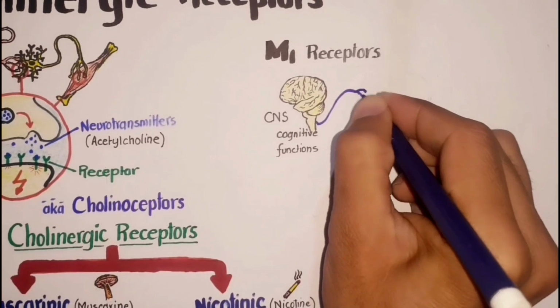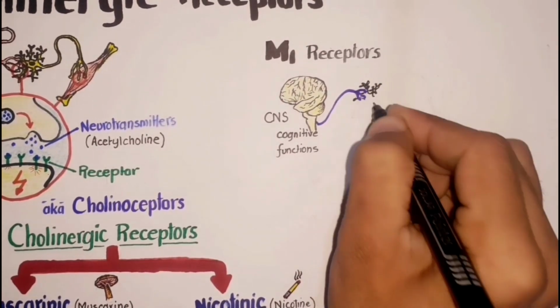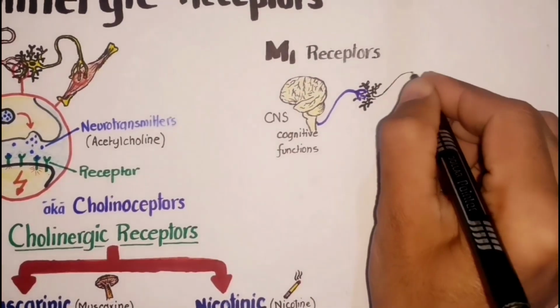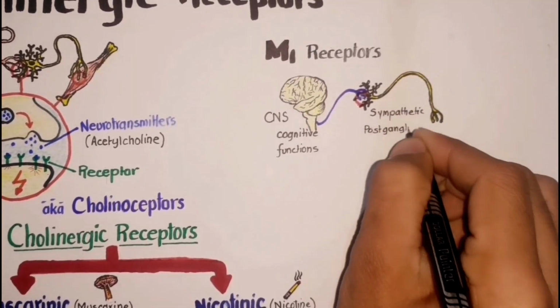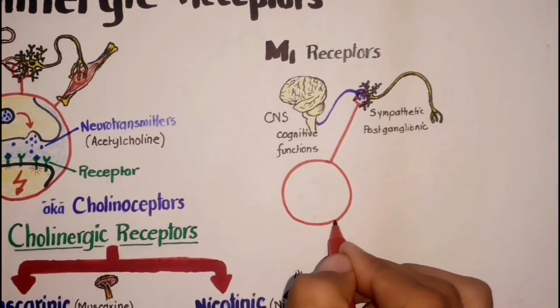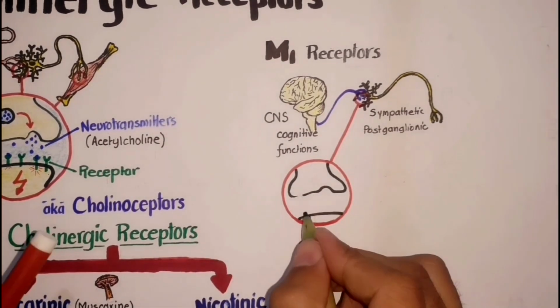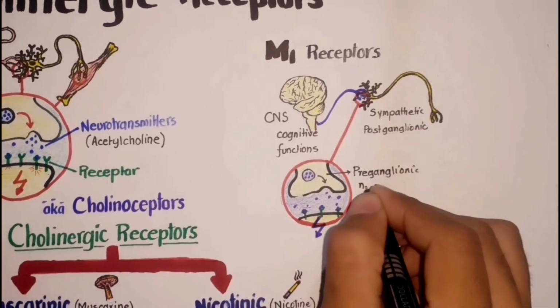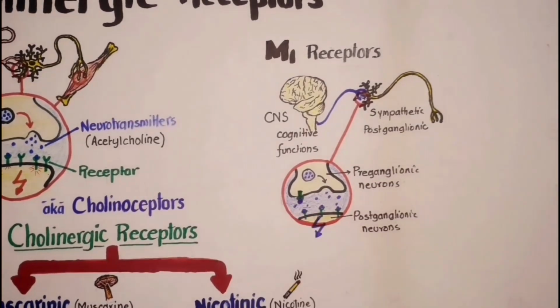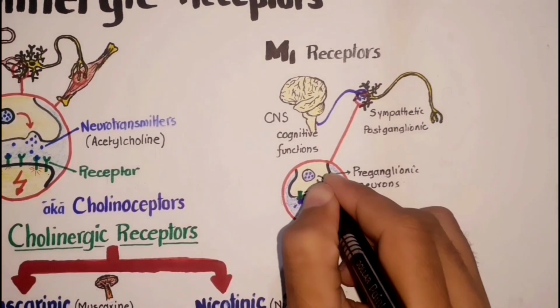Besides this, M1 receptors on sympathetic postganglionic neurons result in onward transmission of impulses. Furthermore, M1 receptors are also present on some free ganglionic neurons, causing inhibition of transmitter release.